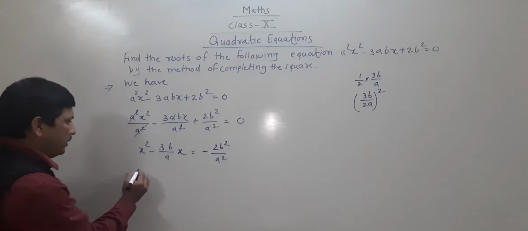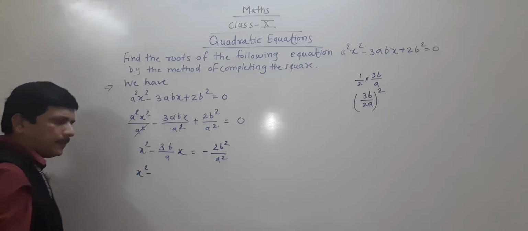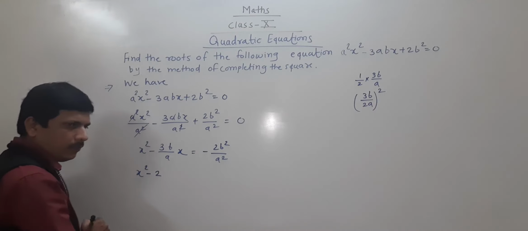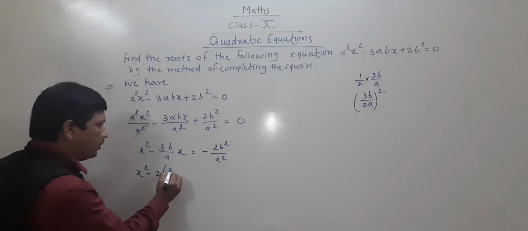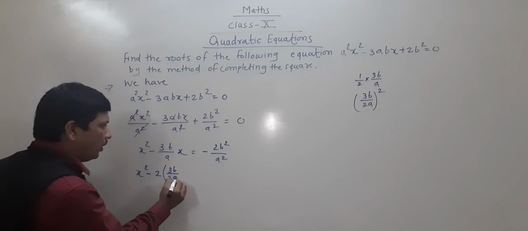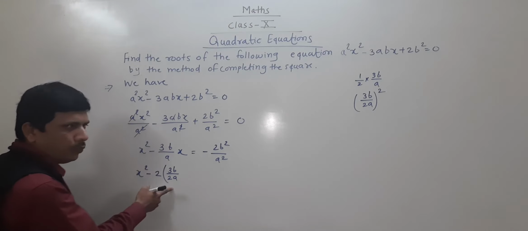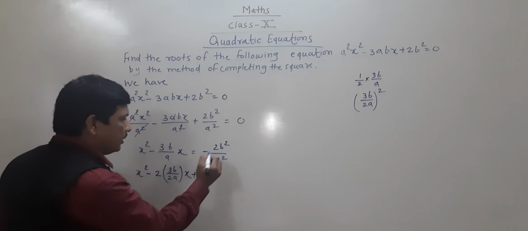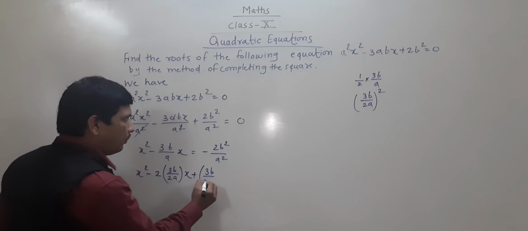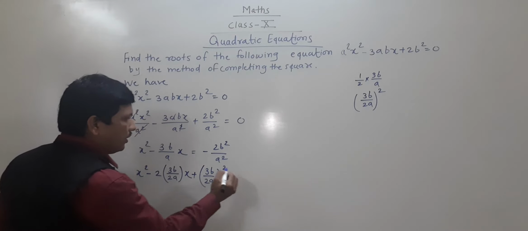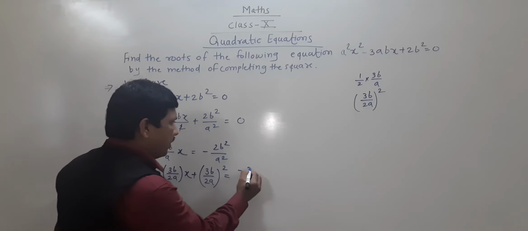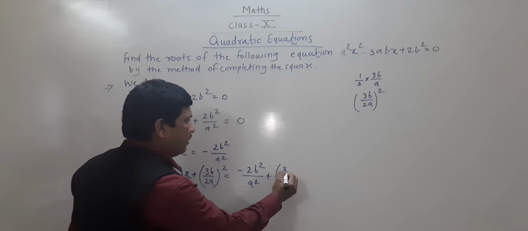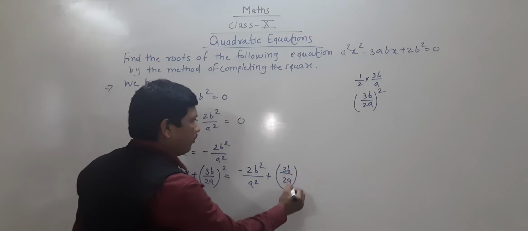Okay, so now I am taking x square minus, what will we write here? 2 into 3b upon 2a, the same form. The 2 will be cancelled, again 3b upon a is going to remain, into x plus 3b upon 2a bracket square is equal to, RHS is minus 2b square upon a square plus 3b upon 2a bracket square.